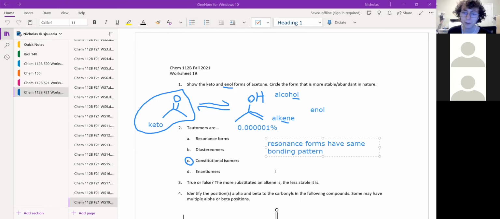So they have all of the same atoms in the same spots. With the keto and enol form, we're basically moving this hydrogen that I drew in from that carbon to the oxygen up here. So that's not the same bonding pattern because you moved the hydrogen.